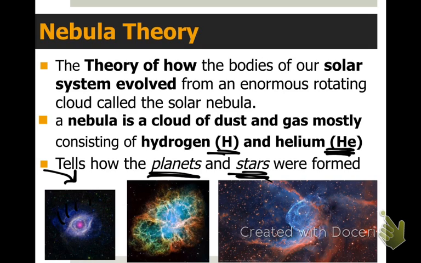So based on this, what I could do is ask you something like, what two gases are in a star? Well, you should know hydrogen and helium because stars came from a nebula, and that's what's in a nebula. So make sure you are familiar with that, and you can apply it to different forms of questions.